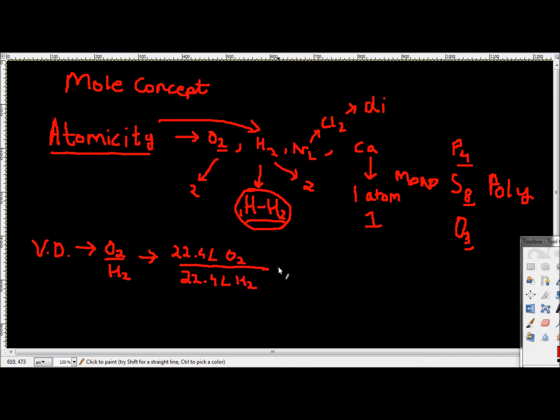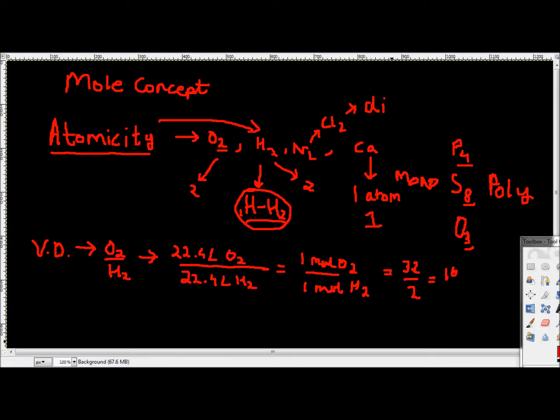So we know that this is equal to 1 mole O2 upon 1 mole H2, and here we're talking about the mass of 1 mole. So mass of 1 mole H2, we did this in the previous section. It would be the mass of O plus the mass of O. It comes out to be 32. In the denominator, we'll be doing 1 plus 1, which is 2. So here you get 16.